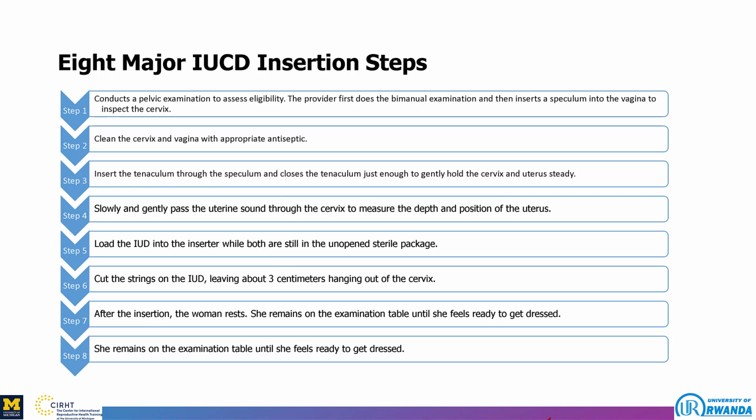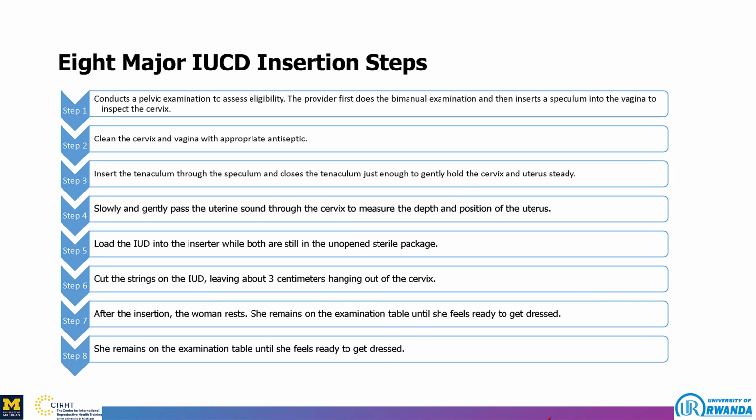Let's look at the 8 major intrauterine contraceptive insertion steps. We have 8 major steps. In the first step, we have to conduct a pelvic examination to assess eligibility. The provider first does the bimanual examination and then inserts a speculum into the vagina to inspect the cervix.